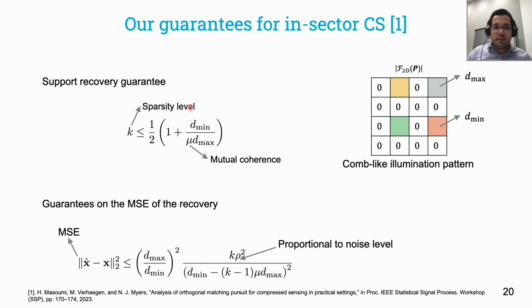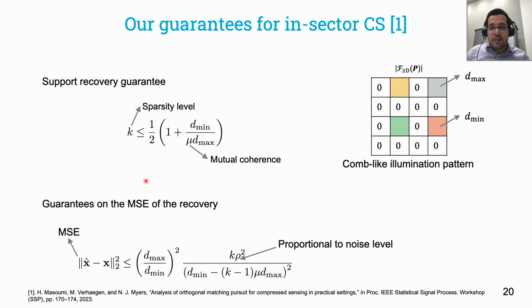In this upper bound, mu corresponds to the mutual coherence of the CS matrix, which is equal to the maximum absolute value of the cross correlation between normalized columns of the CS matrix. As you can see, the highest sparsity level that can be detected depends on Dmax and Dmin. And you can see that this upper bound is maximized when Dmax is equal to Dmin, or equivalently when we have a uniform illumination pattern.